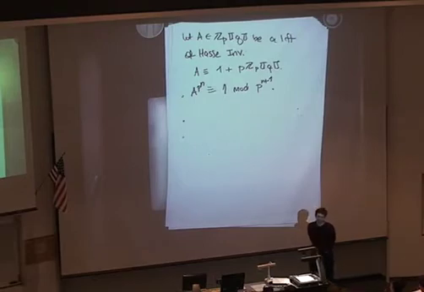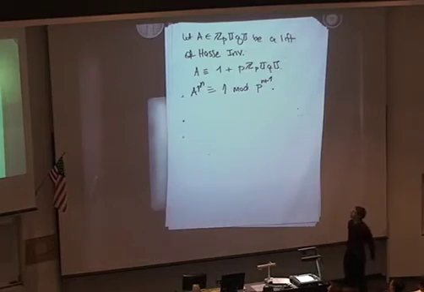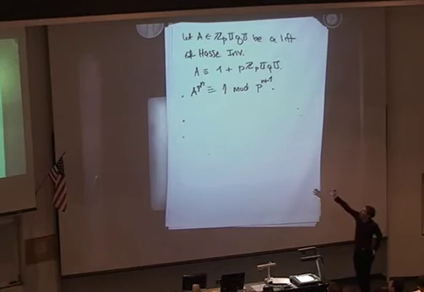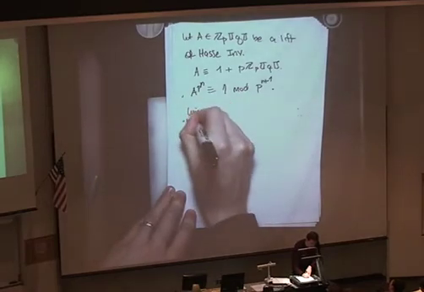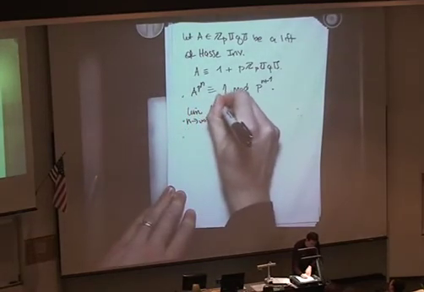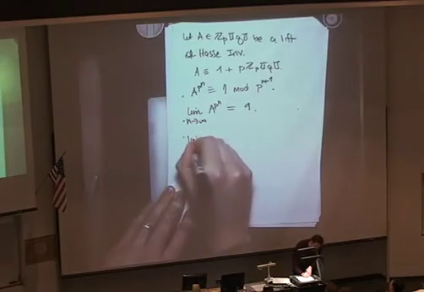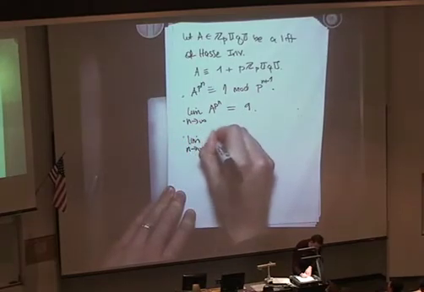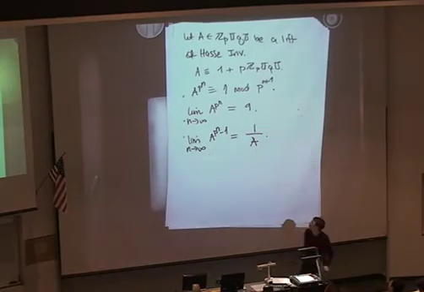You can prove it by induction using the binomial theorem. If we're imagining this topology in which two things are close, then we want A^(p^n) to be close to 1, or in particular, the limit as n goes to infinity of A^(p^n) is equal to 1.